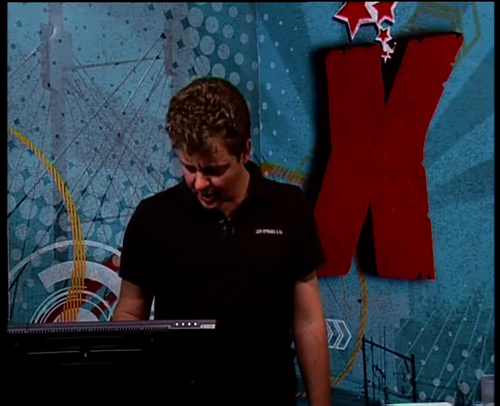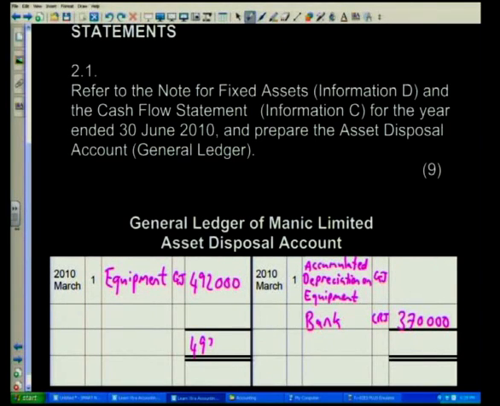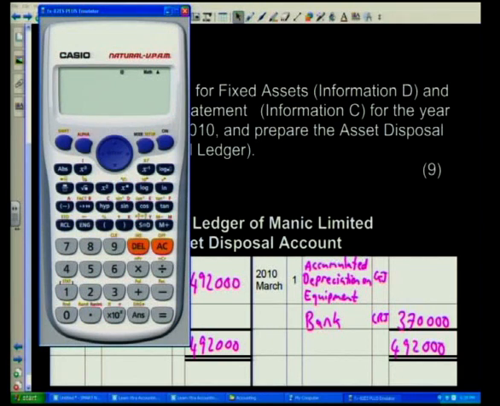So we will know that there's no profit or loss in this ledger account, and it becomes very easy just to balance the ledger and calculate our accumulated depreciation on equipment. So we identify again the bigger side. That's this side here of 492,000. Let's write the total in on both sides. And now the accumulated depreciation on equipment will be very easy to calculate.